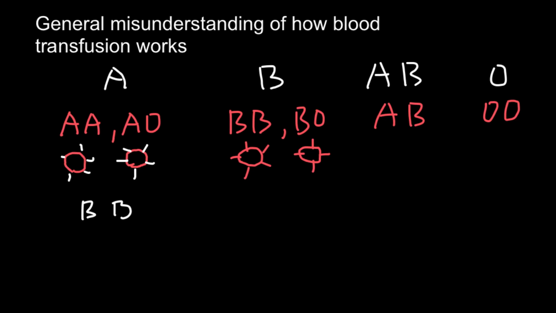So basically in the serum of this blood group we can find antibodies A.